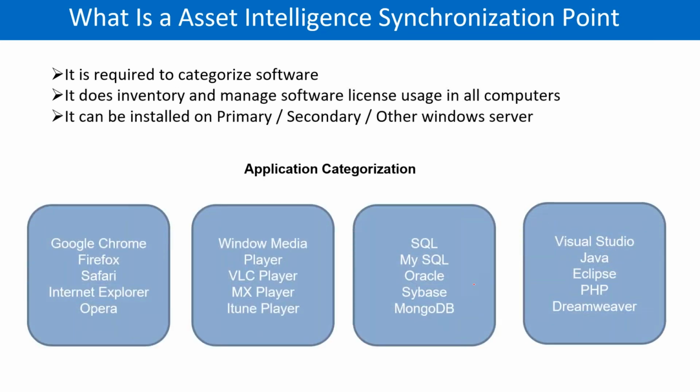Then you have asset intelligence synchronization point. Asset intelligence synchronization point is needed to categorize software. Suppose in your company there are 10,000 computers. In each computer, some applications are installed. So in total, let's say 50,000 softwares are there in all those 10,000 machines.